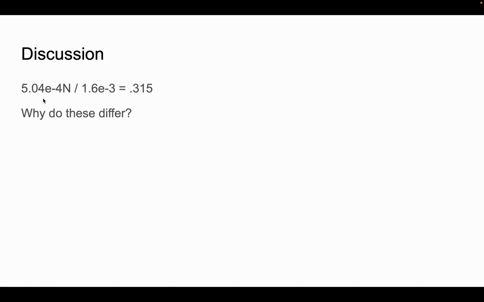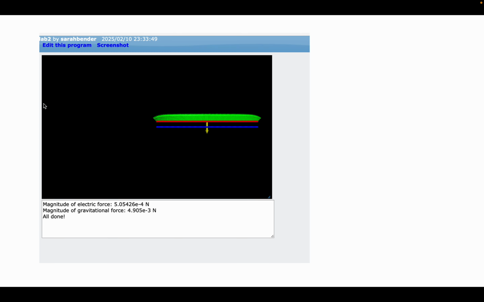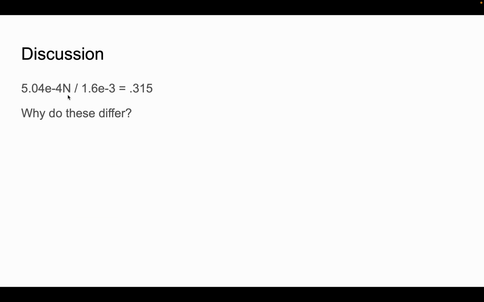Sorry, I said that wrong. This is the magnitude of the charge. And the reason that these differ is because the model that segments the tape more accurately accounts for the actual electric force.